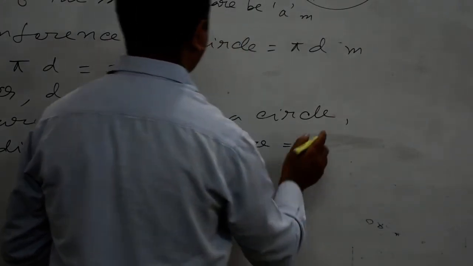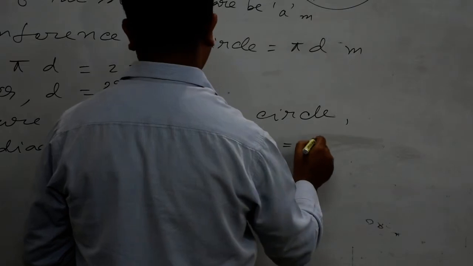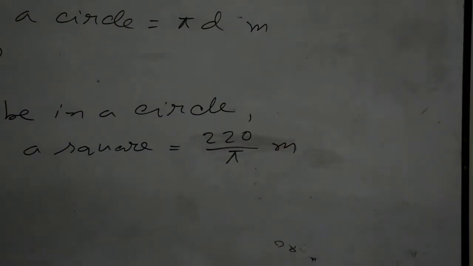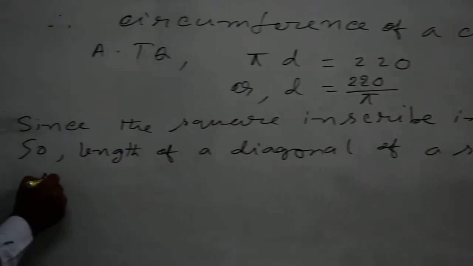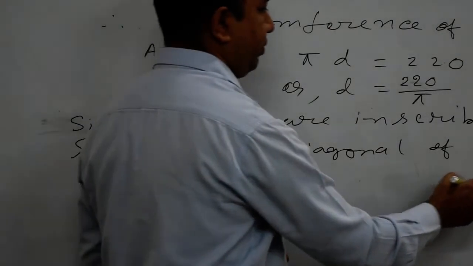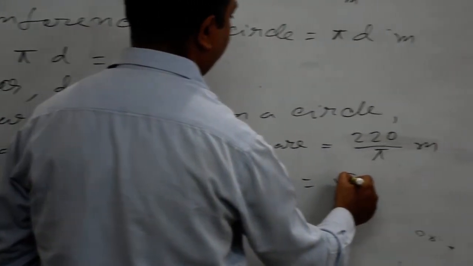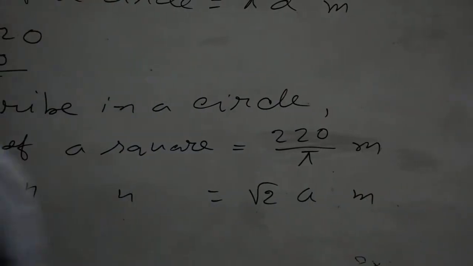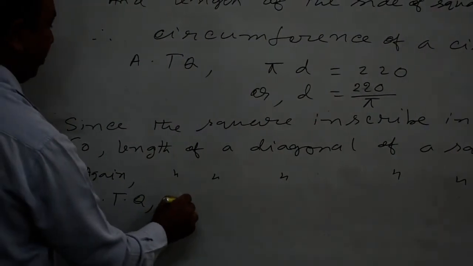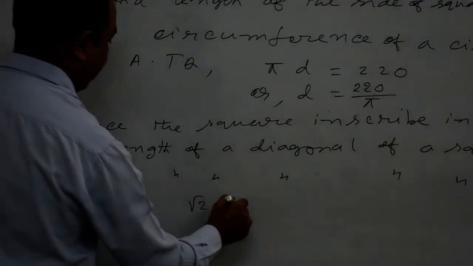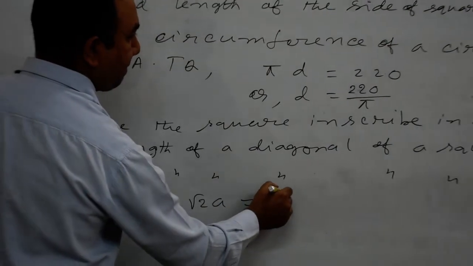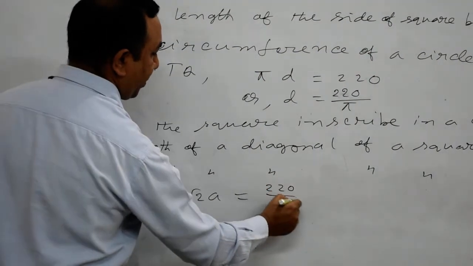Not necessary to write this, just directly write the given information, 220 by pi meter. Again, the length of a diagonal of a square equals root 2 a meter. So according to the question, you can form another equation: root 2 a equal to 220 by pi.